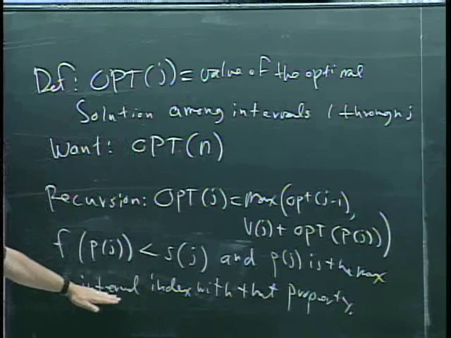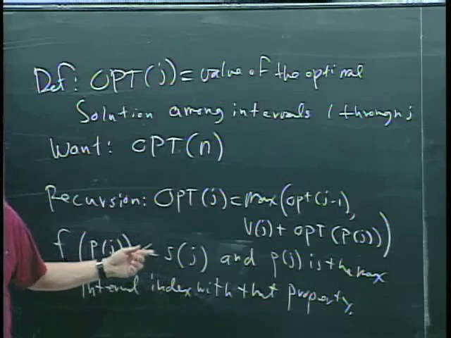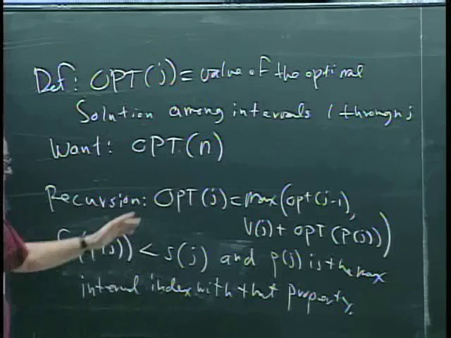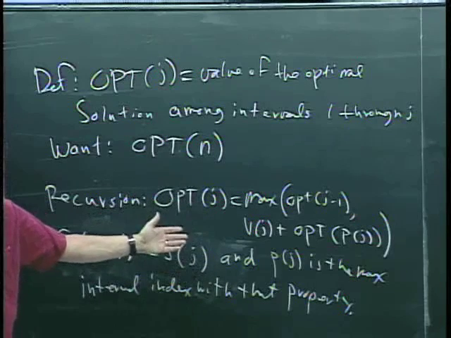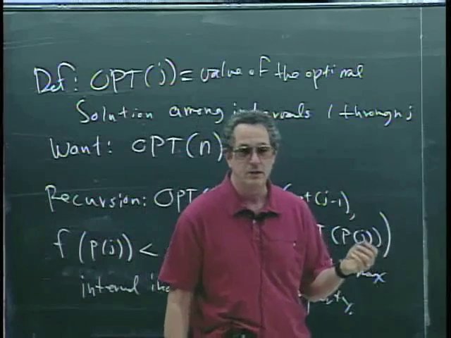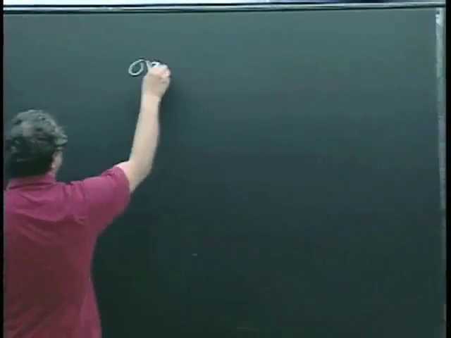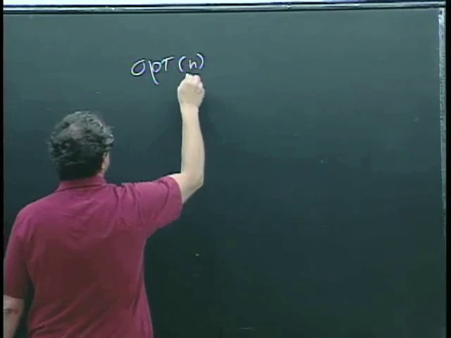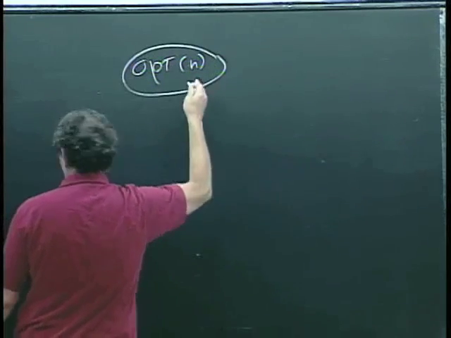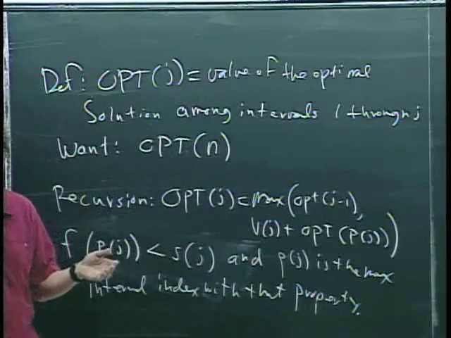Okay, so that's the recursion. And then we said that you could take this recursion and turn it into a recursive program. I wrote up some pseudocode last time, which I'm not going to write up. But if we look at the execution of this as a recursive program, the first thing you'll call is opt of n. That's what you want. You want to know the value of the best solution in intervals 1 through n, all of the intervals.